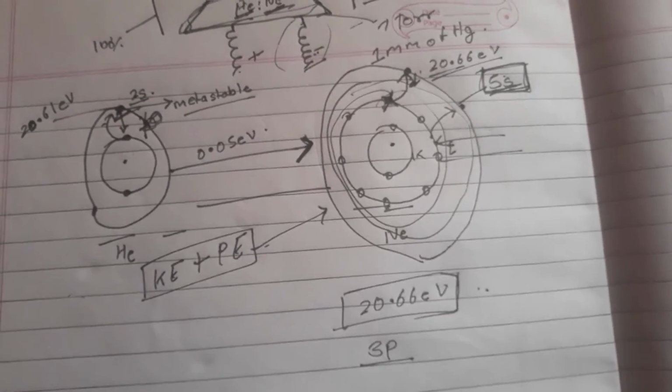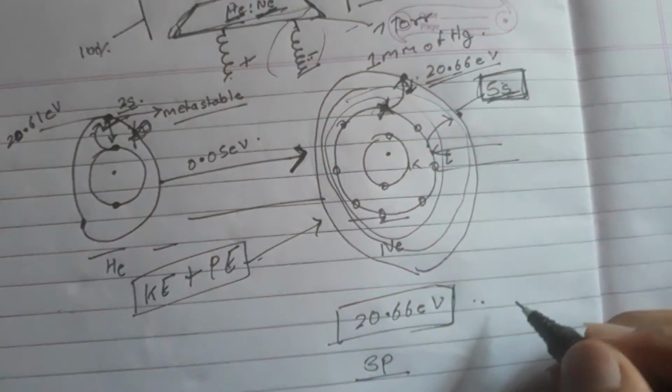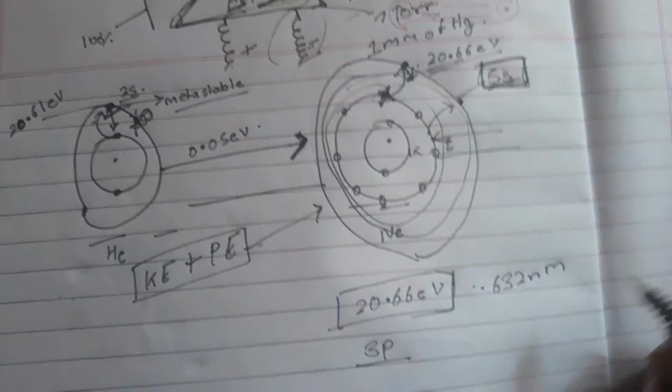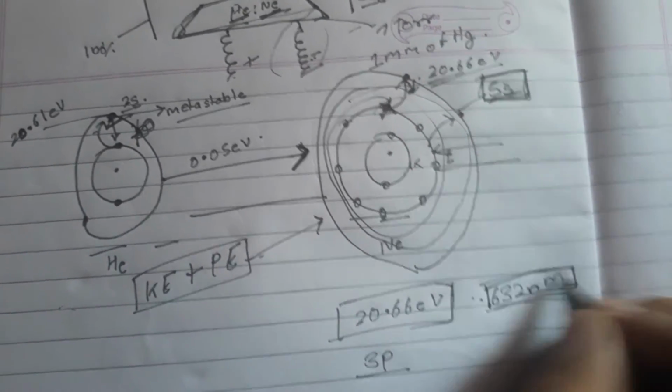The wavelength of this laser radiation is around 632 nanometers. This is what the laser is.